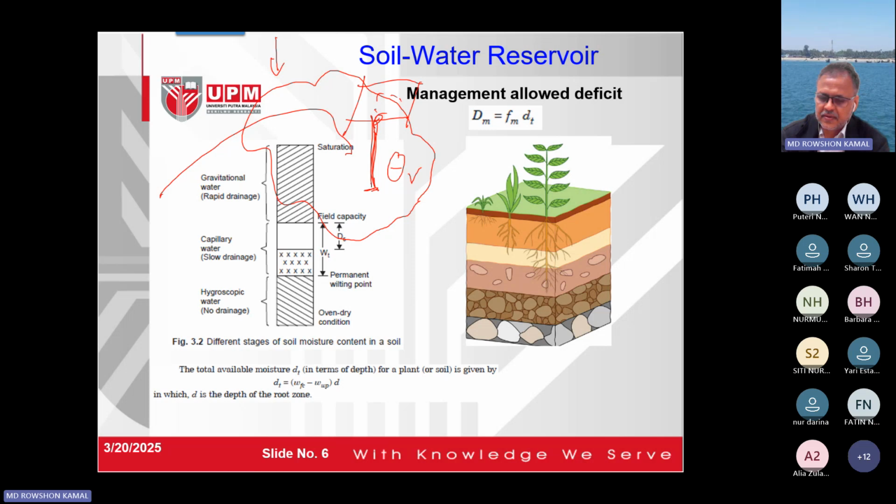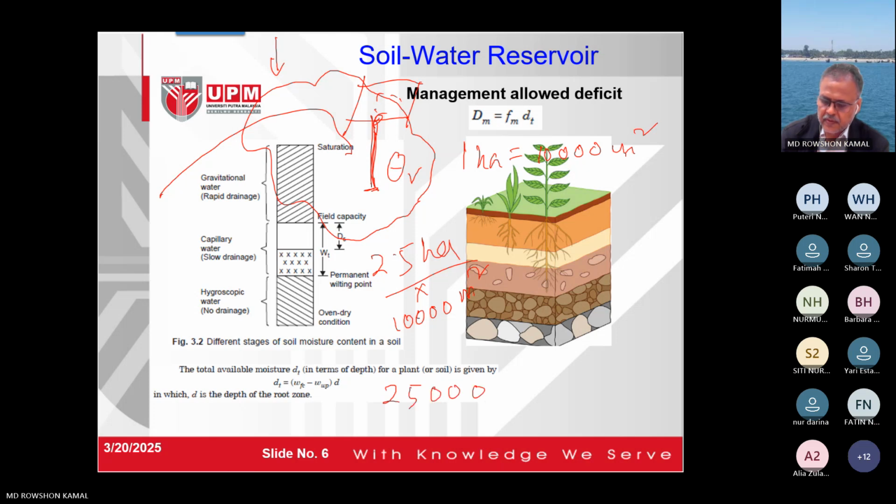Let's say your field is 2.5 hectare. 1 hectare equals 10,000 meter square. So if you multiply by 2.5, it is 25,000 meter square. This is your area.